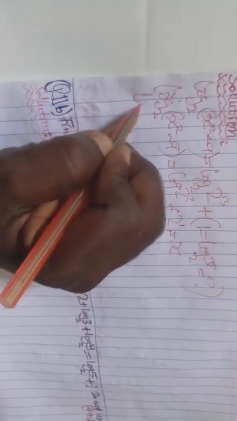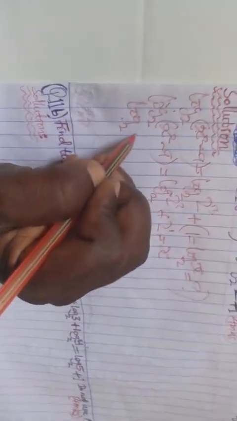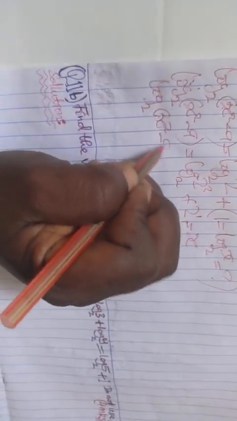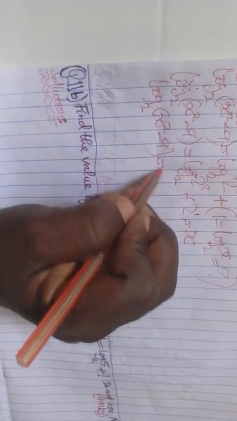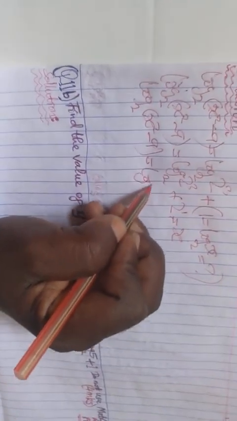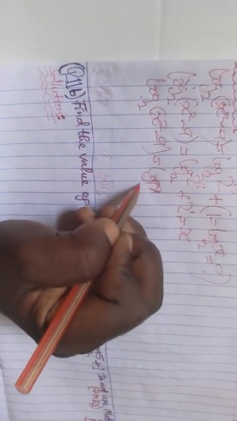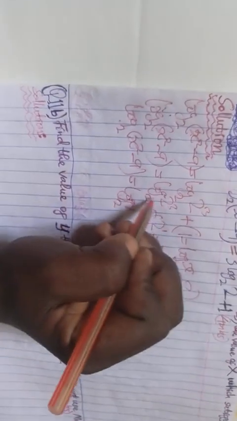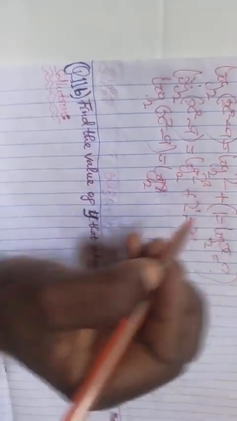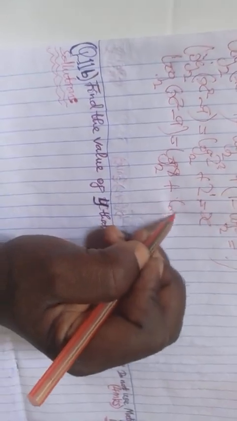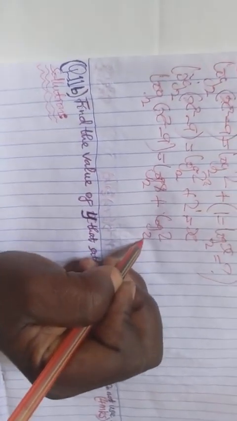Therefore, log base 2 into brackets x squared minus 9 is equal to log of 8 base 2, remember 8 because of 2 power 3 here, plus log 2 base 2.